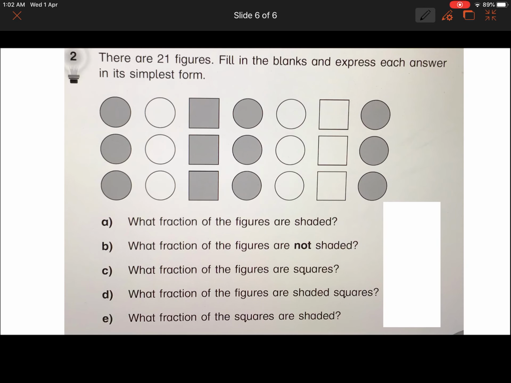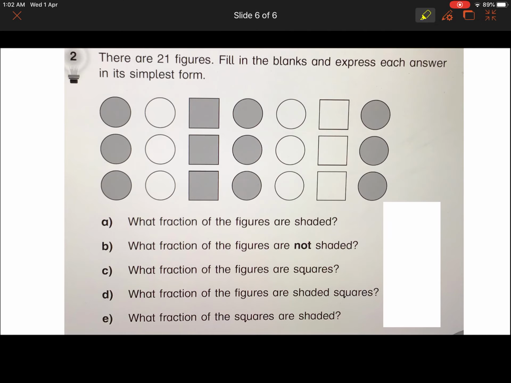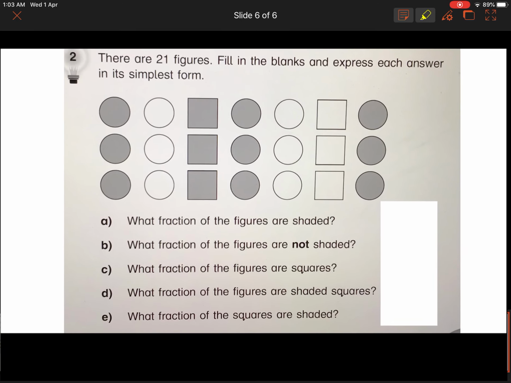I'm going to use question number 2 as an example for us to go through together, and you will do the remaining questions in the assignment as homework, and then check your answers according to the answer key given in the activity. So let's read the question here. There are 21 figures. Fill in the blanks and express each answer in its simplest form.